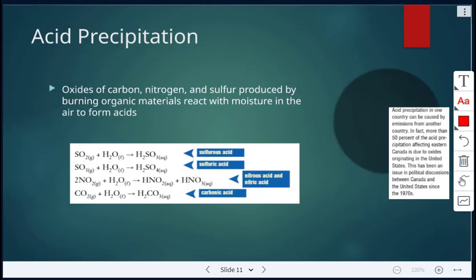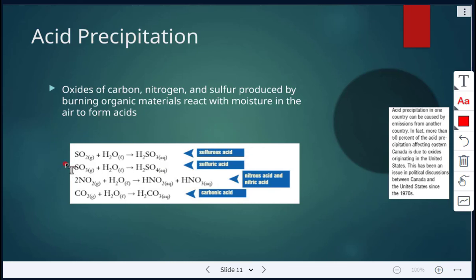All right, so the next part of topic 3 is on acid precipitation. Oxides of carbon, nitrogen, and sulfur that are produced by burning organic materials react with the moisture in the air and form acids. So here, sulfur dioxide reacts with water or moisture in the air to produce sulfurous acid.